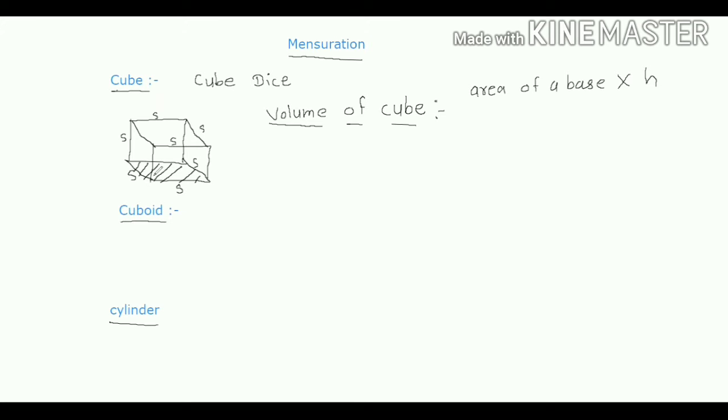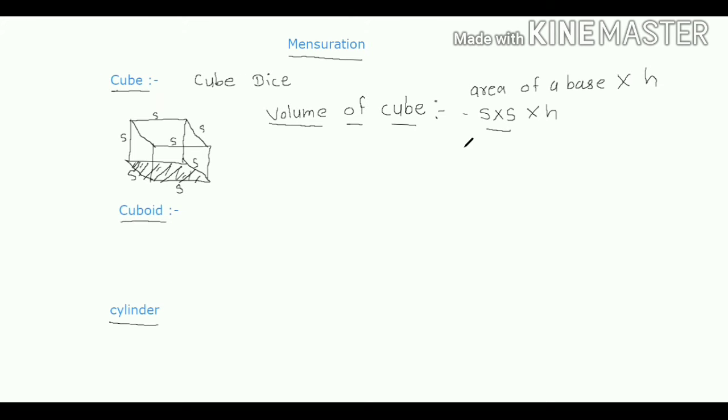What is the area of the base in this figure? Side into side is the area of the base, since a square is in the base of the cube. So we write side into side for the area of the base, and into height.